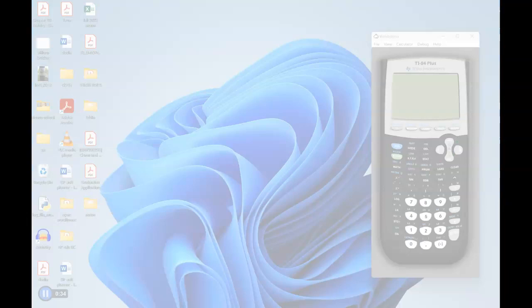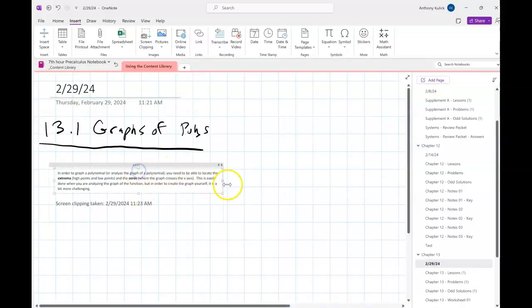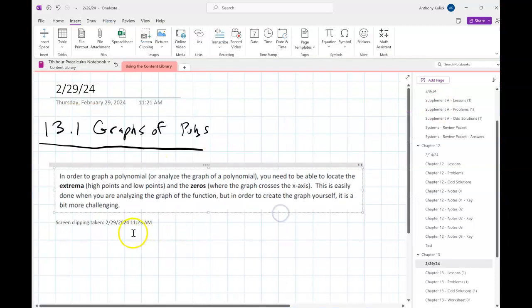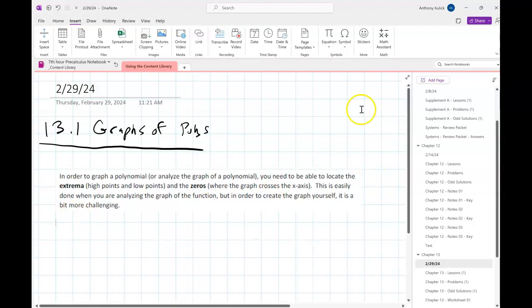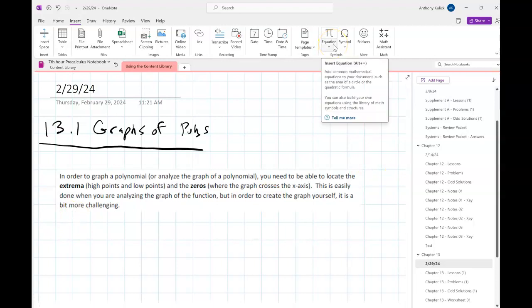The two things we're going to talk about first are the extrema and the zeros for a polynomial. The extrema are the relative high or low points on the graph of the function. And the zeros are where the graph crosses the x-axis, aka the x-intercepts.